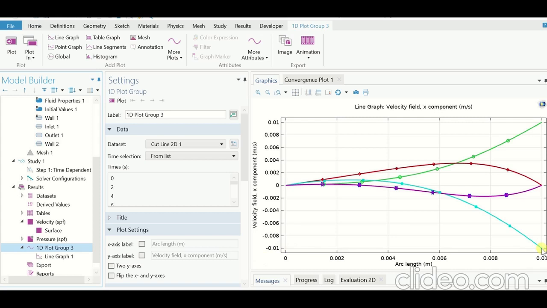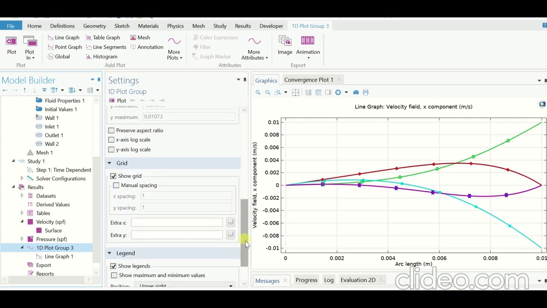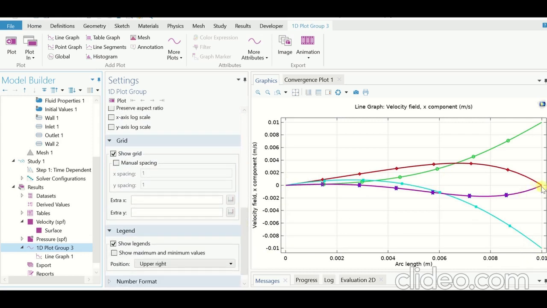As we move downward from the top plate to the bottom plate, the velocity profile looks like this, and of course the velocity is zero near the bottom plate. This negative velocity is because the plate is moving to the left side.